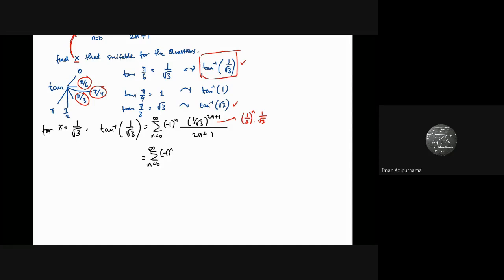And because it's a fraction, let's put 3 on the numerator. So we will have 1 over 3 with power of n, and 1 over square root of 3. And this is the alternate sign. And 2n plus 1.